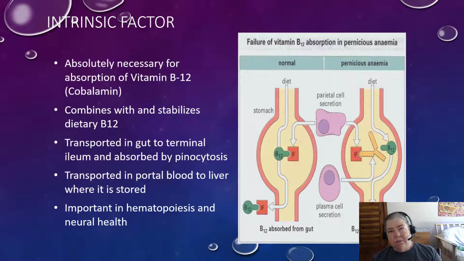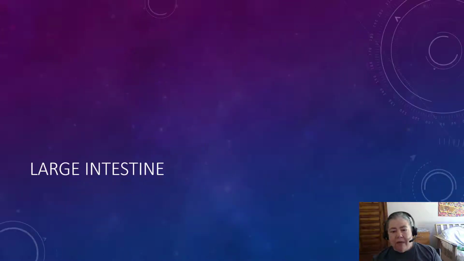And then it's transported through the portal circulation and stored in the liver. And again, B12 is extremely important both to make red blood cells, so hematopoiesis, and also for the health of nerves.